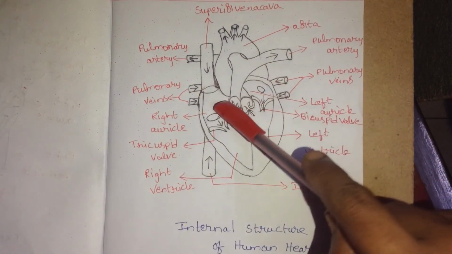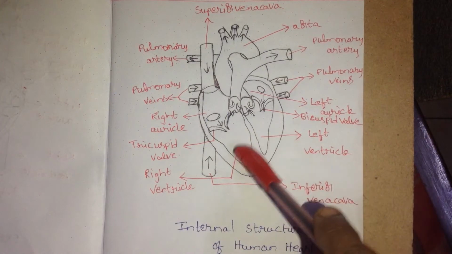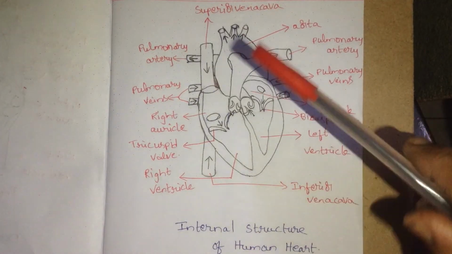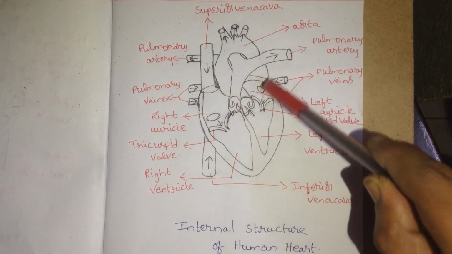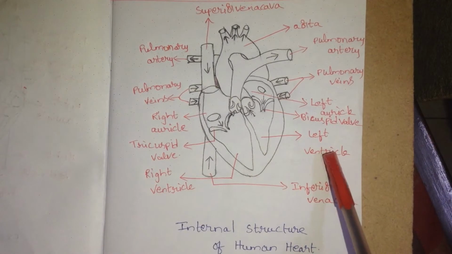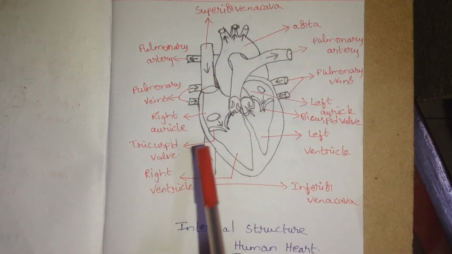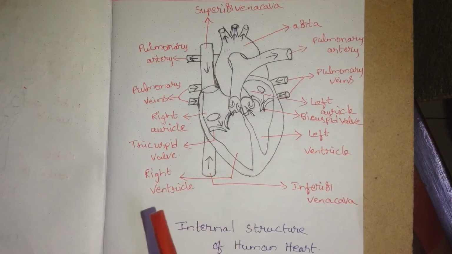The upper 2 chambers are called auricles. The lower 2 chambers are called ventricles. The chambers on the left side are called left auricle and left ventricle. The chambers on the right side are called right auricle and right ventricle.